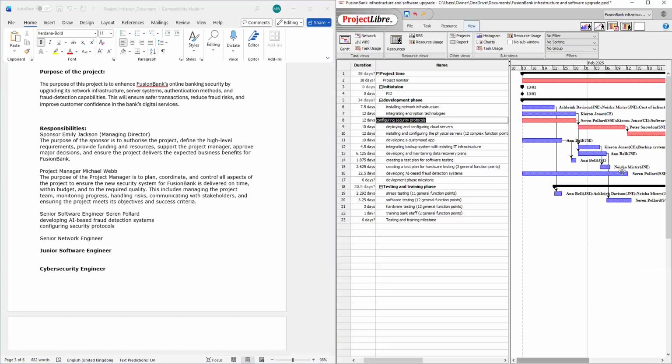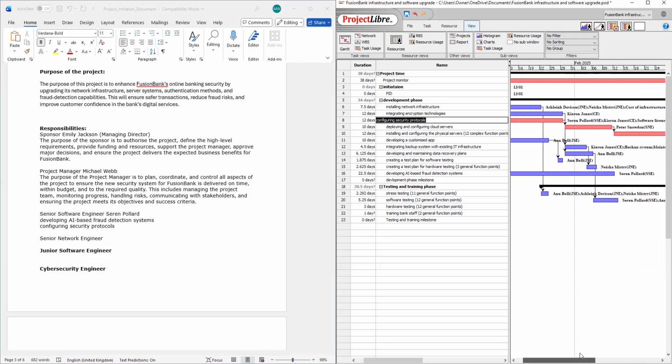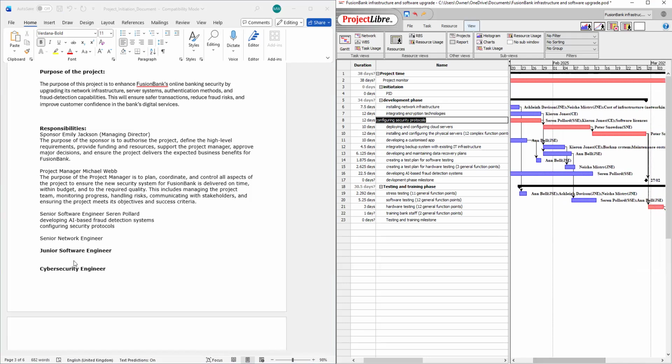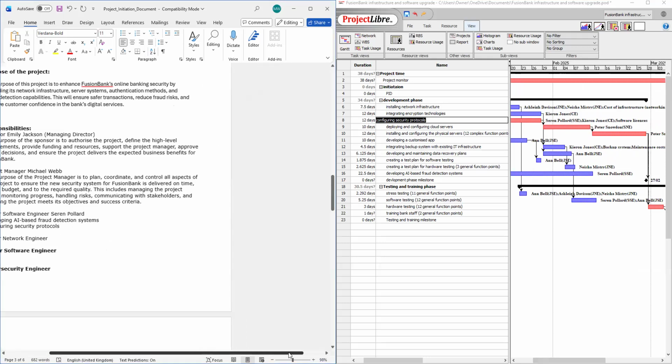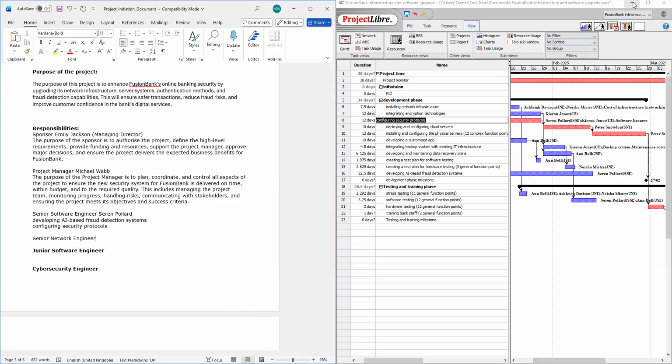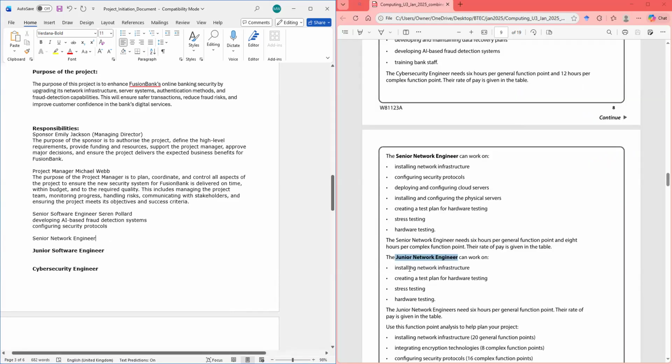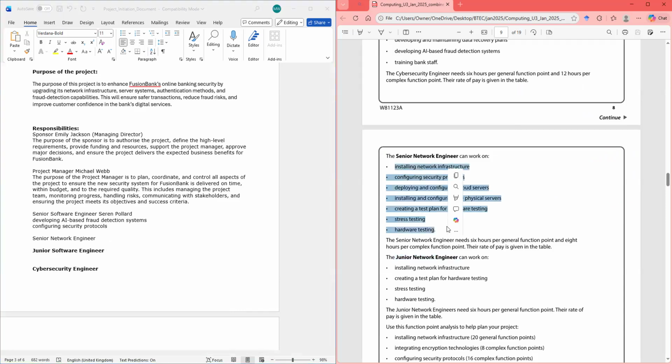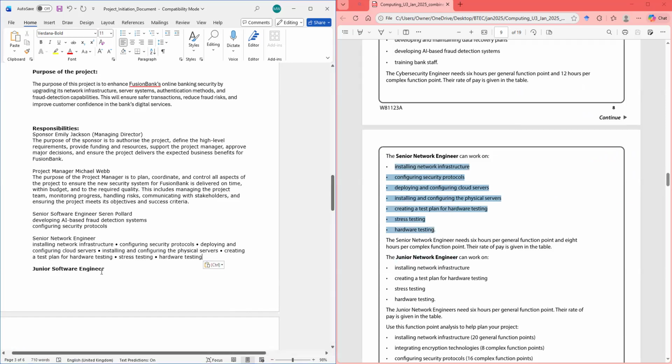As I said, I'm going to use my Gantt chart. So you can use your Gantt chart or simply we just copy them over. So we're going to look at the senior network engineer. We just do this. Right? And we're going to do that for the junior also.